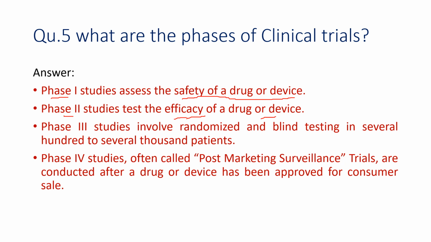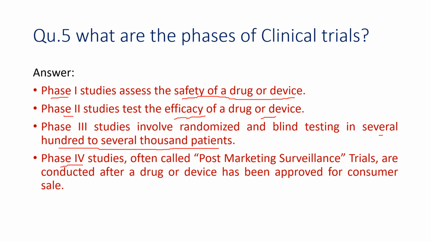Phase 3 studies involve randomized or blind testing in several hundred or several thousand patients. So the blind or randomized testing is performed on 100 to several thousand patients in phase 3.